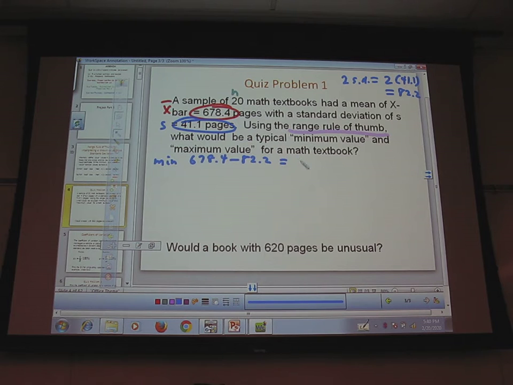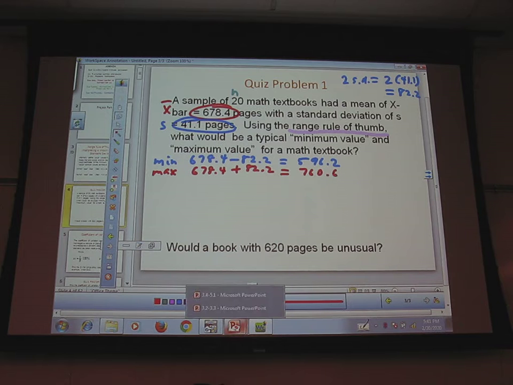Would you guys get 596.2? Help me out. 596.2, great. And then your max would be 678.4 plus 82.2, which is 760.6. Great. Perfect.